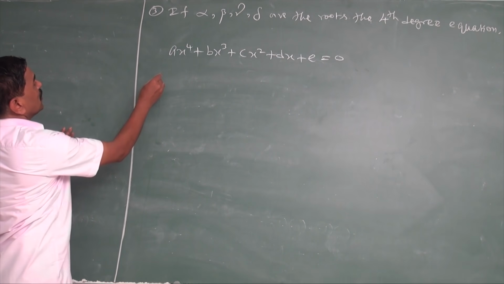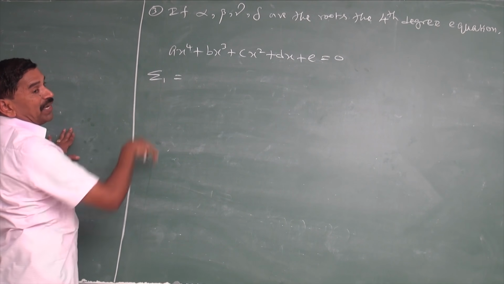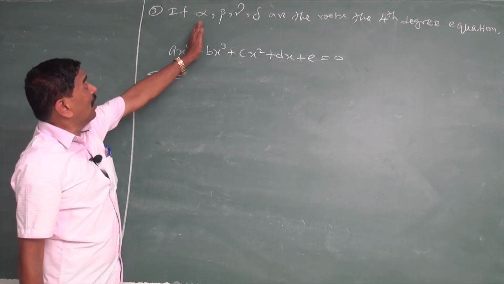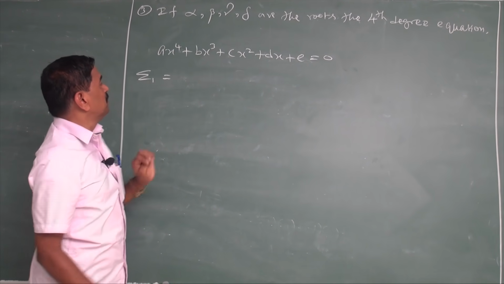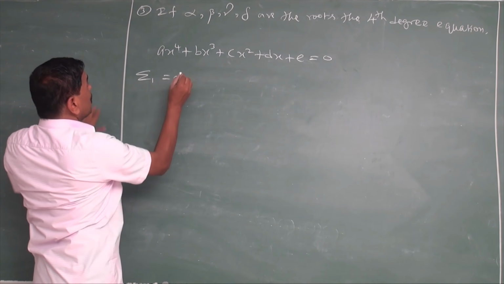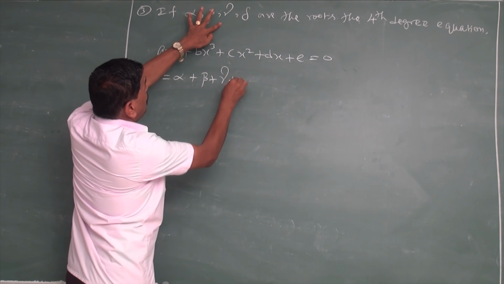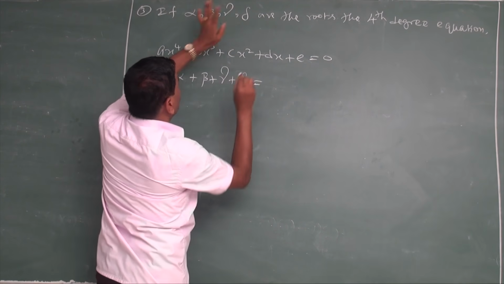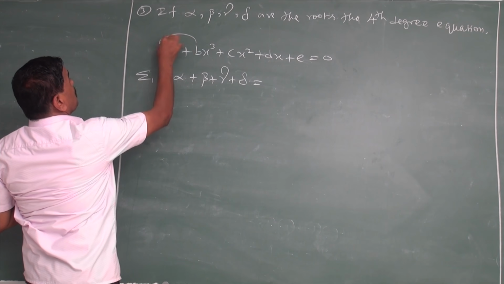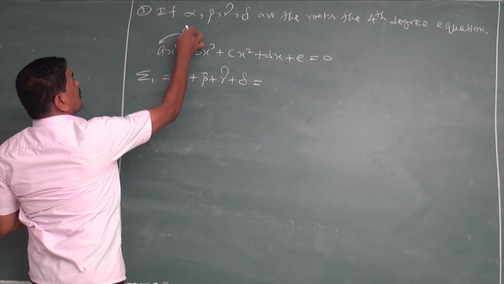Now the sum of the roots taken one at a time, alpha plus beta plus gamma plus delta, that is sigma 1, is equal to minus b by a.